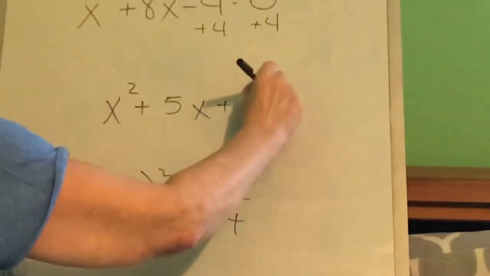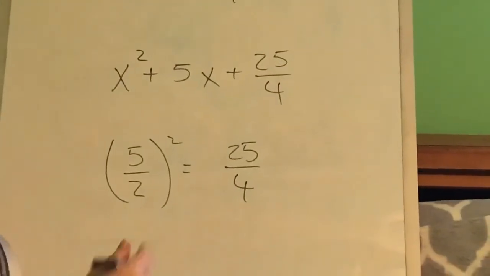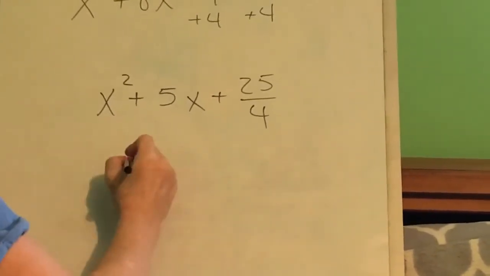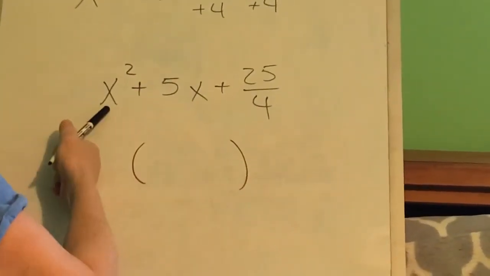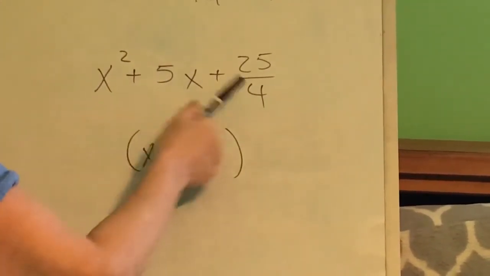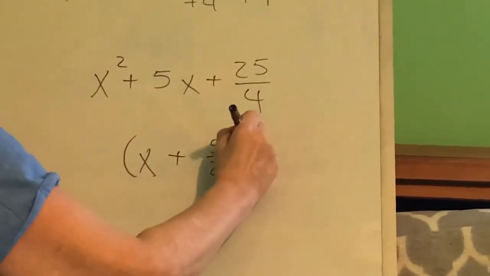And that's going to be the value that we add here at the end as our constant. And then when we factor, again, we will take the x here, the square root here, and the square root here, and the sign.